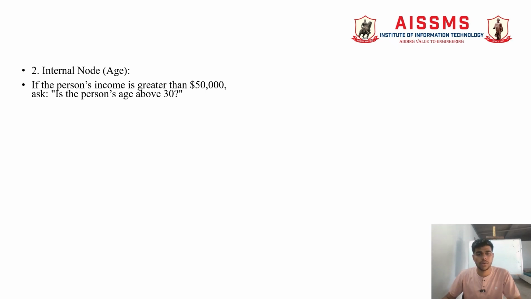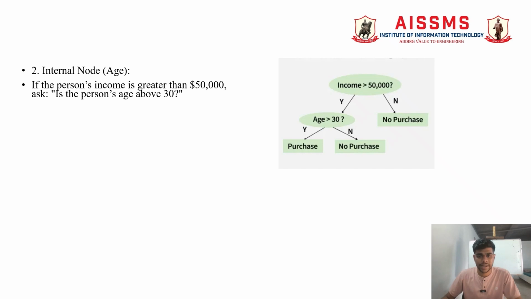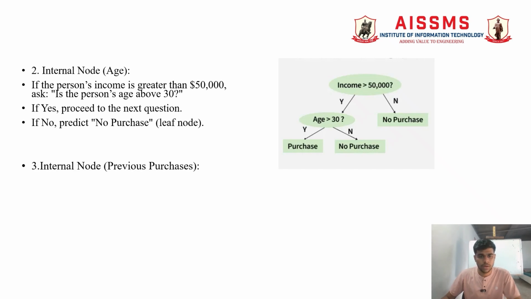In this internal node, we ask a simple question: if the person's age is greater than 30, then the customer will definitely buy a product. If the person's age is not greater than 30, they will definitely not make a purchase. The second internal node is previous purchase. We can also look at the customer's previous history, whether they made a purchase or not.